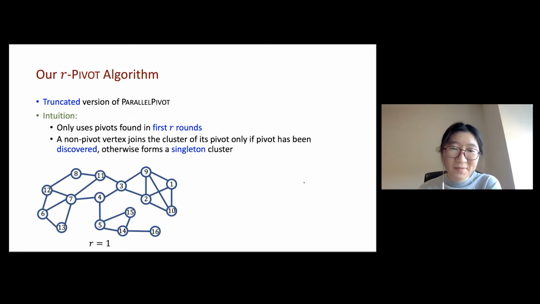So for example, if we run our R-pivot algorithm with R equals 1, we just run it for one round on this graph. As before, the vertices 1, 6, and 8 will be the pivots, and this turns out to be the final output clustering for this algorithm.